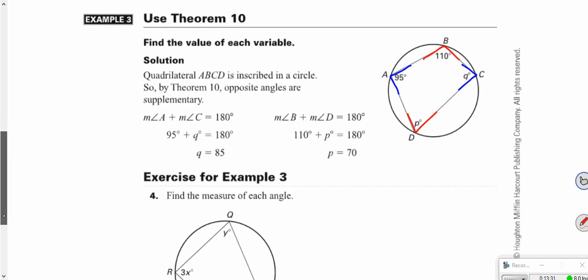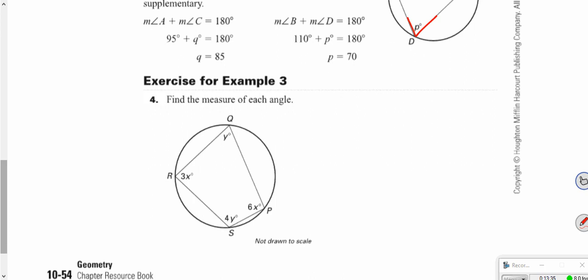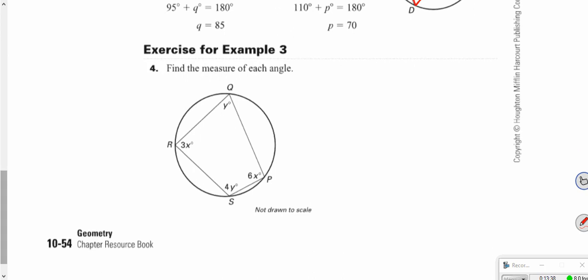So let's look at our number 4 here. Find the measure of each angle. Once again, let me do opposite angles. This is an opposite angle to this. So that means that y plus 4y has to equal 180 degrees.